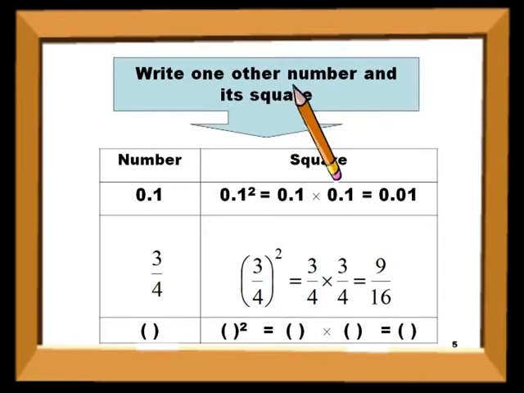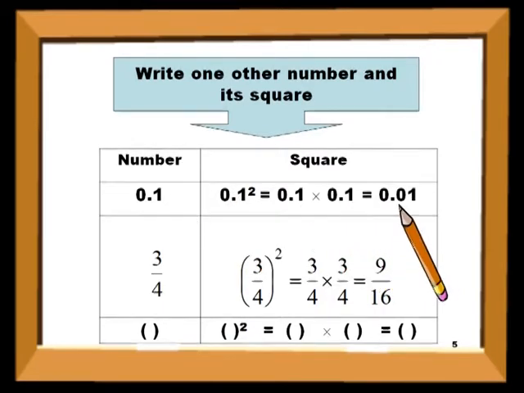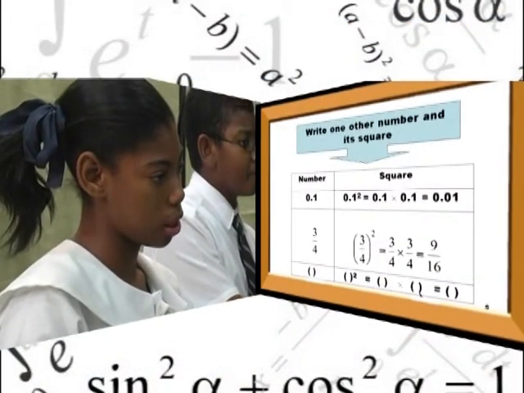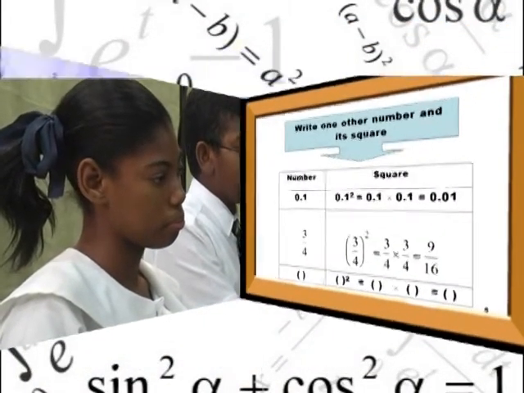Write one other number and its square. Number 0.1. 0.1 squared equals 0.1 by 0.1 equals 0.01. 3/4 squared is equal to 3/4 multiplied by 3/4 equals 9/16. Number squared, number multiplied by number, equals answer.